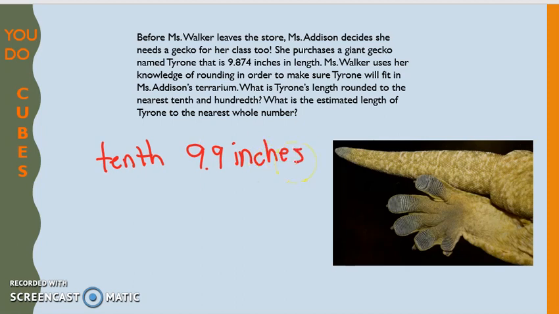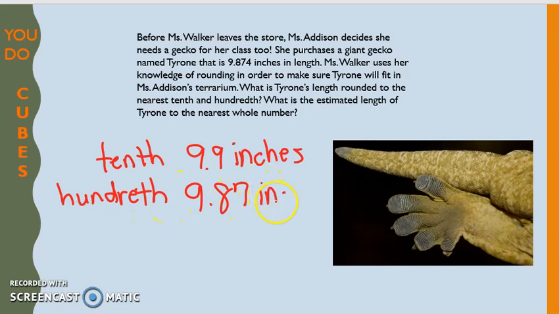To the nearest hundredth, we should have come up with 9.87 inches. And then lastly, we were asked to estimate the length of Tyrone to the nearest whole number, and we should have come up with approximately 10 inches as our estimate.